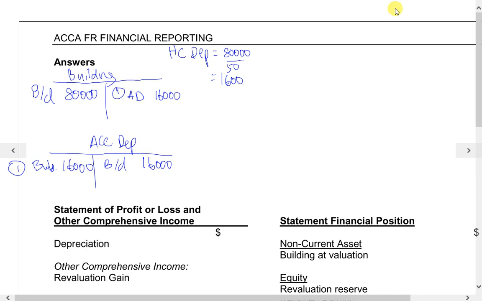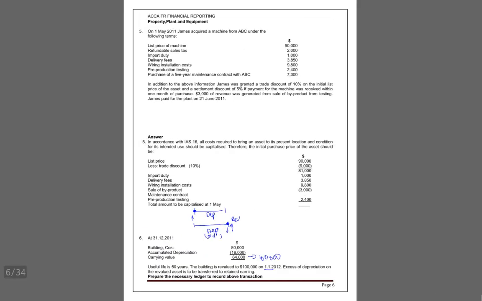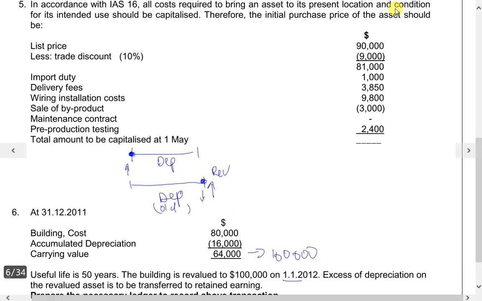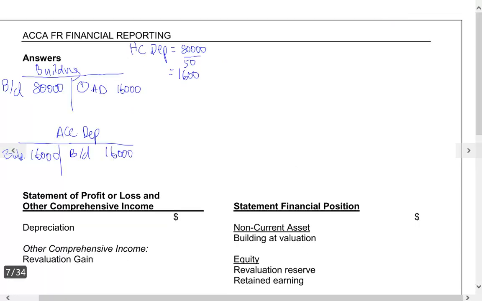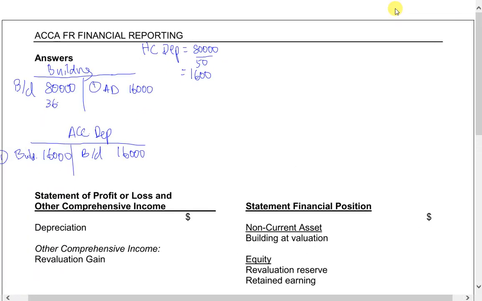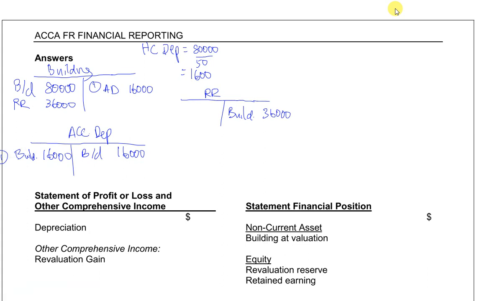So my accumulated is 0, my building now left is 64. And I have to revalue up by 36, right? So debit 36, building. Credit to revaluation reserve. So all this happened on the first day. So revaluation done.